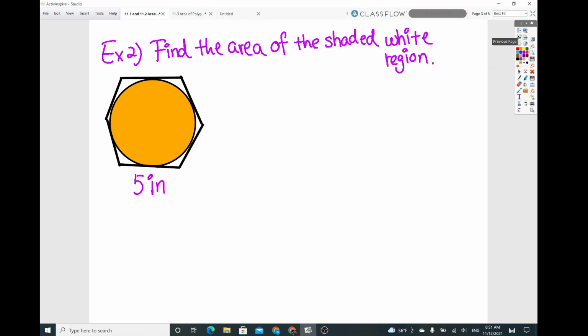The other one is finding the area of the shaded Y region, which is this part right here.